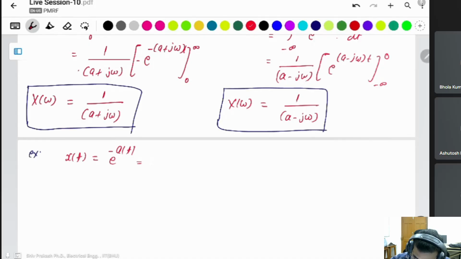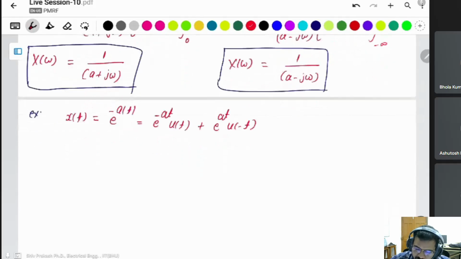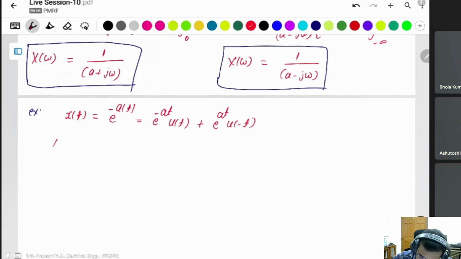If you put plus t, then it will be e to the power of minus a t u(t), plus if you reverse the t, then it will be e to the power of a t u(minus t). Then simply you can find the Fourier transform of this signal.